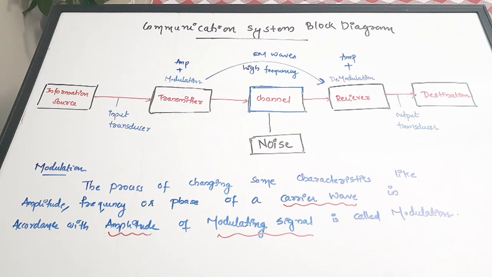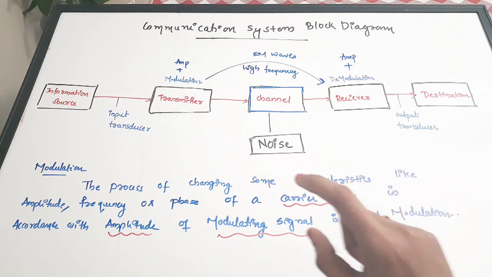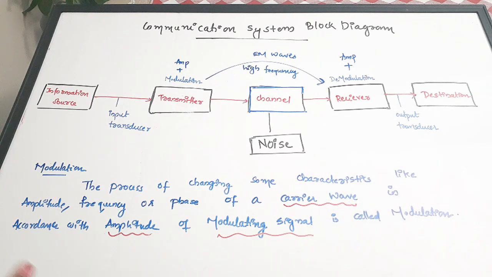Modulation is the process of changing some characteristics like amplitude, frequency, or phase of a carrier wave in accordance with the amplitude of the modulating signal. So the process of changing some characteristics, which can be amplitude or frequency or phase, and the characteristics we are changing are those of the carrier wave.